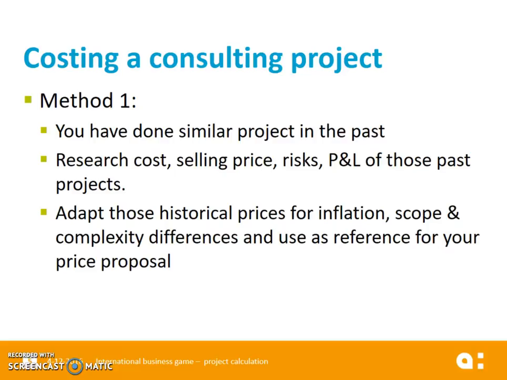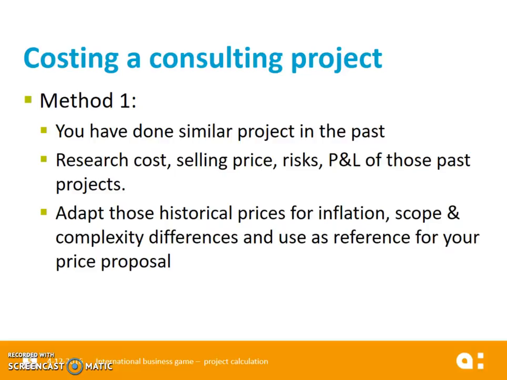then it makes sense to have a look at the costs you incurred in those previous projects, the selling price you used, check what the risks were, if those risks became a reality, so really happened, and how the profit and loss status was of those projects.